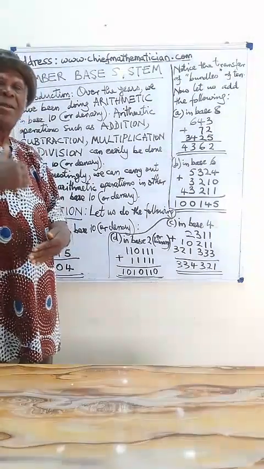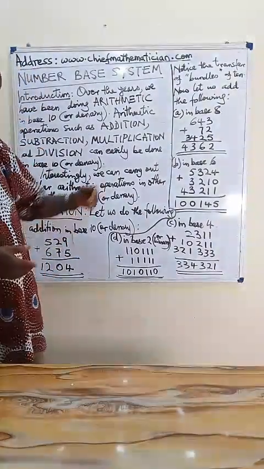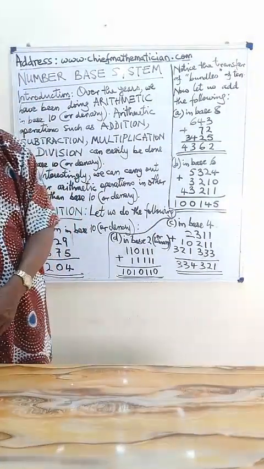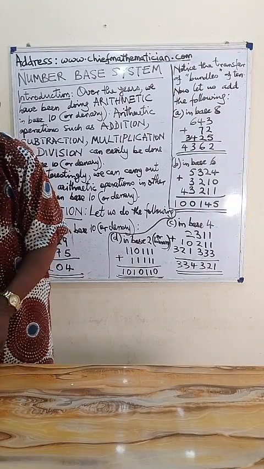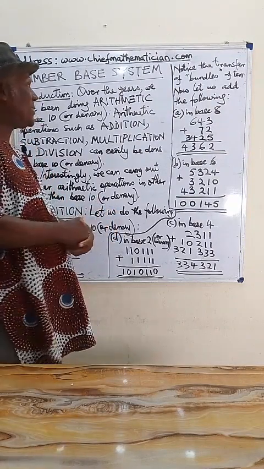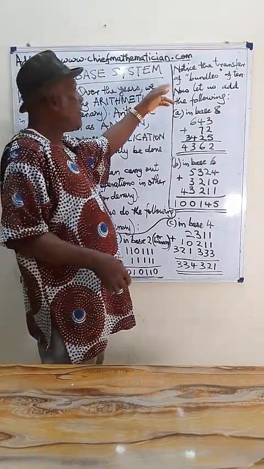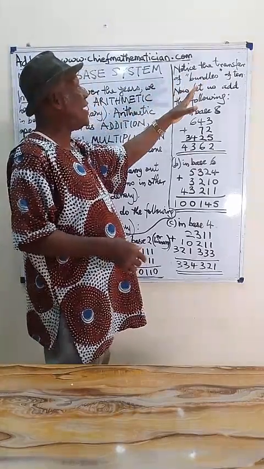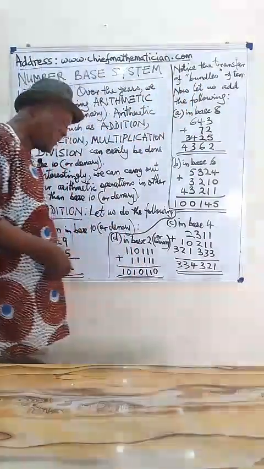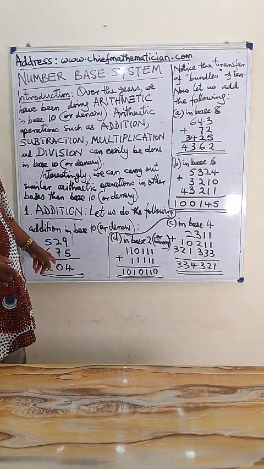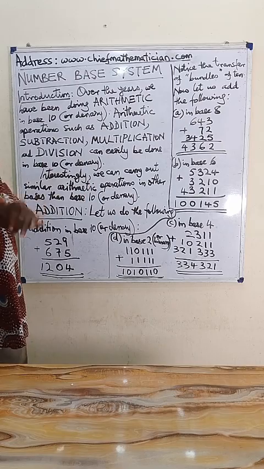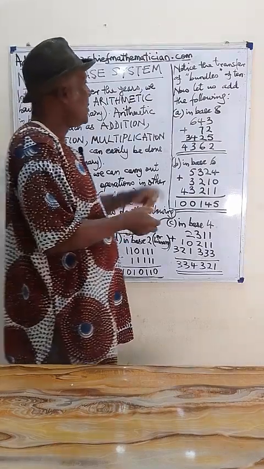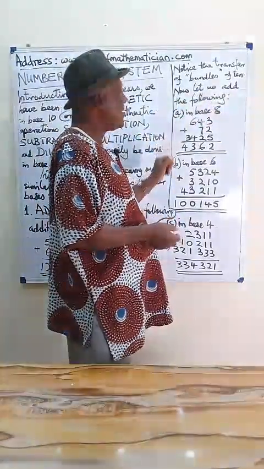Now, we can transfer this idea to other bases. Notice the transfer of bundles of 10. I have explained that using base 10, which we are all familiar with. Now let us add the following.